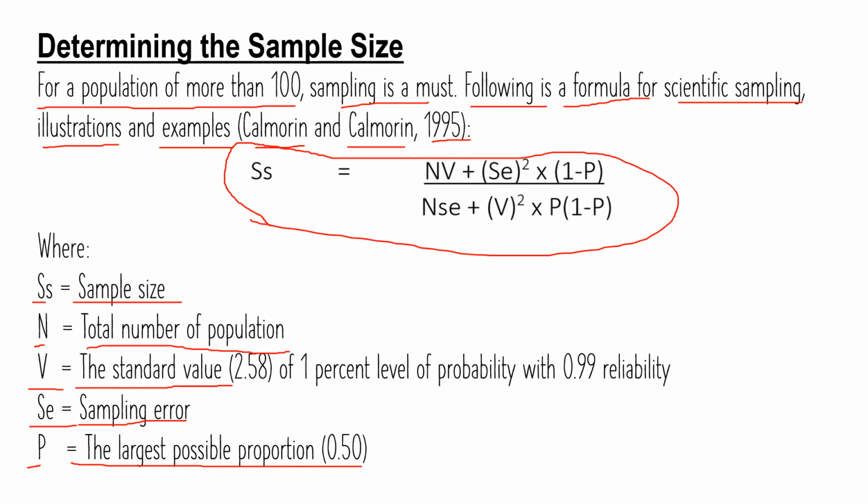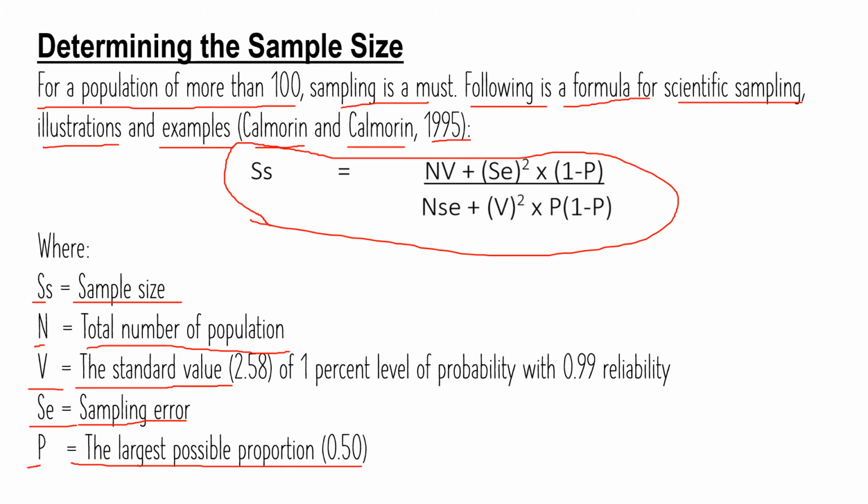Now, let's talk about sampling error. Sampling error is the difference between a population parameter and a sample statistic. For example, in your study, the sampling error is the difference between the mean political attitude rating of your sample and the true mean political attitude rating of all undergraduate students, for example, in the Philippines.